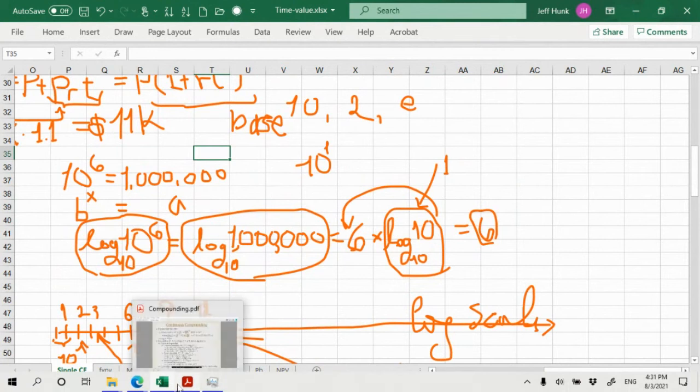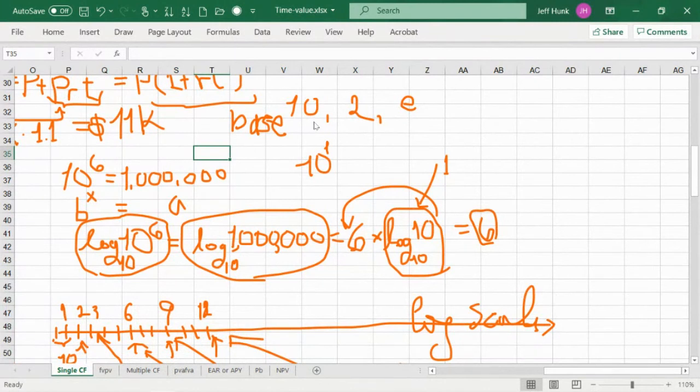Base 2 is basically powers of 2. 4 is 2 squared, so base 2 log of 4 is 2. Base 2 log of 8 is 3. Base 2 log of 16 is 4.